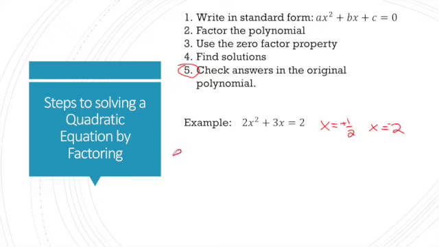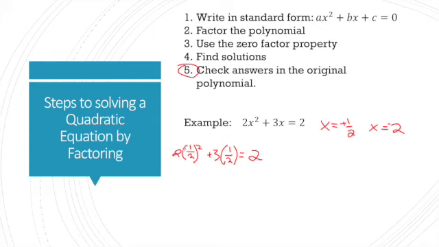So if I have 2 times 1/2 squared plus 3 times 1/2, that's going to equal 2. And this is going to be a true statement if this is indeed a solution to this polynomial equation.